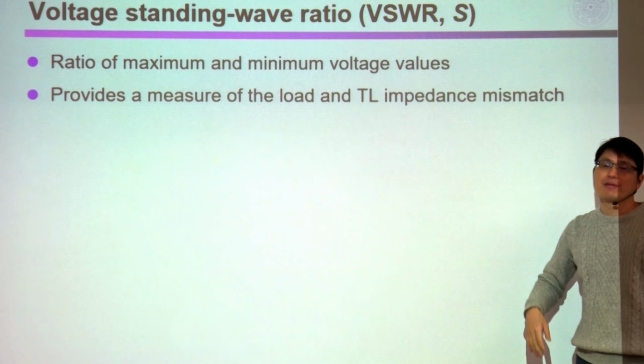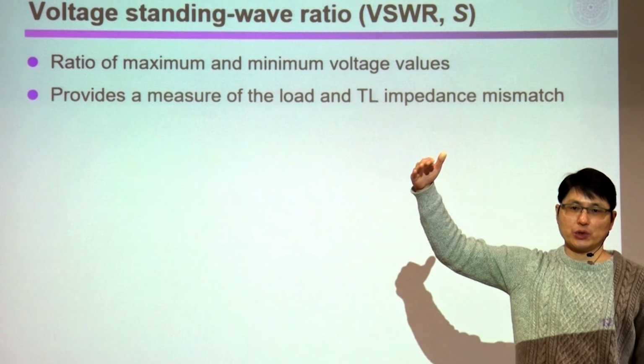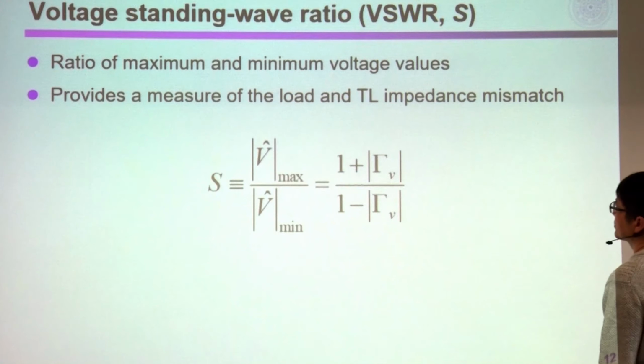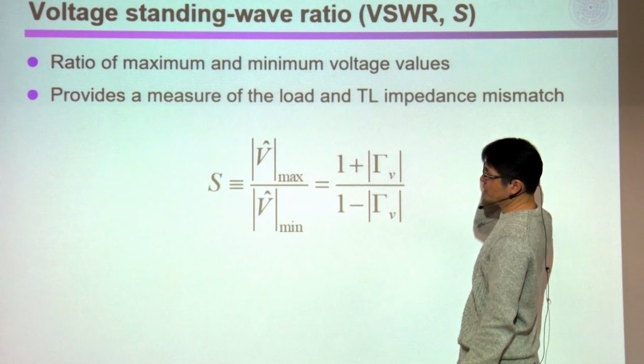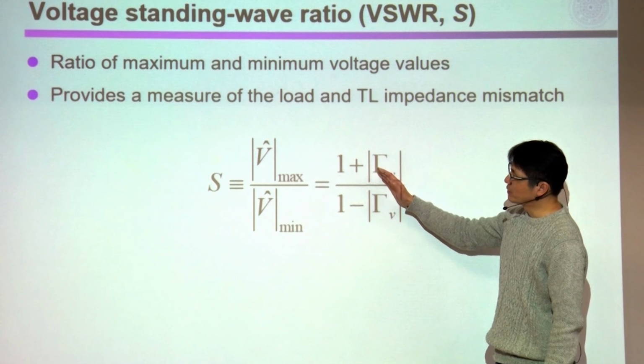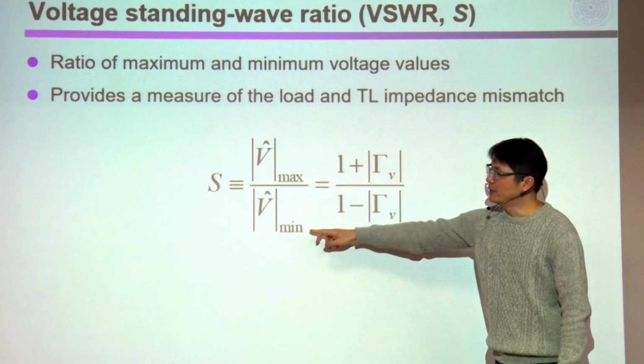Okay? So that ratio is your maximum allowed voltage divided by your minimum allowed voltage. If you take a look at the equation, the maximum allowed voltage is 1 plus gamma, and the minimum voltage allowed is 1 minus gamma. So 1 plus gamma divided by 1 minus gamma.